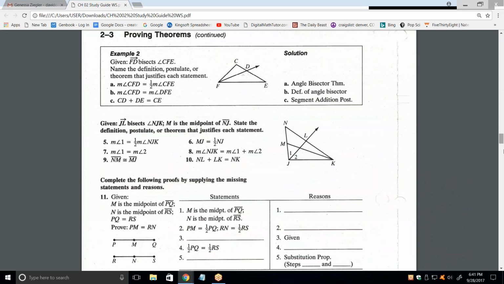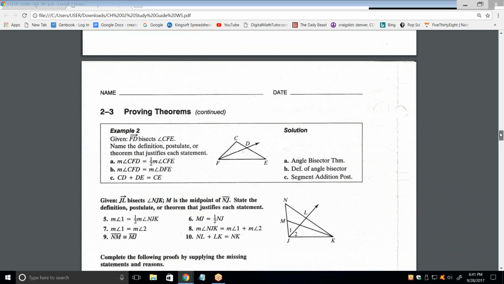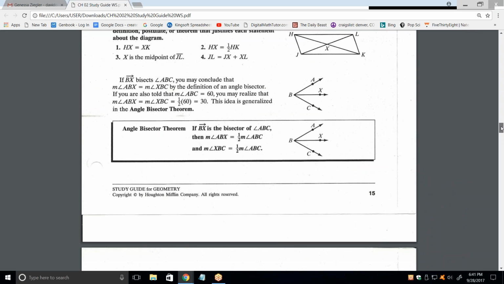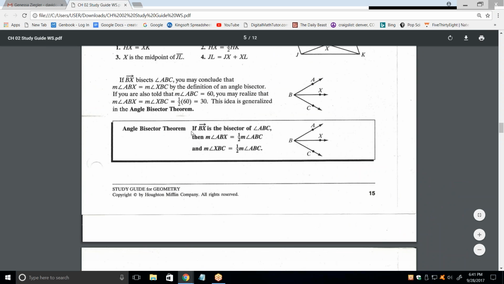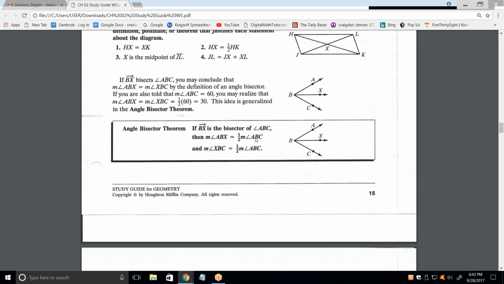Well, I wonder if the answer they want us to give is the angle bisector theorem. Let's see. That full theorem says that if that's a bisector, then the small angle is equal to half of the big angle. So I didn't need all 6 of those. I needed the angle bisector theorem only. In other words, the angle bisector theorem has 2 parts to it.